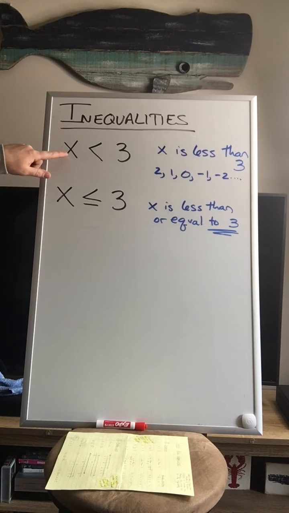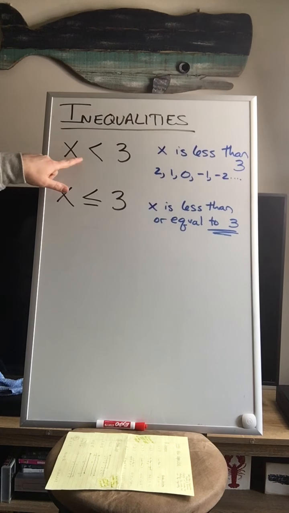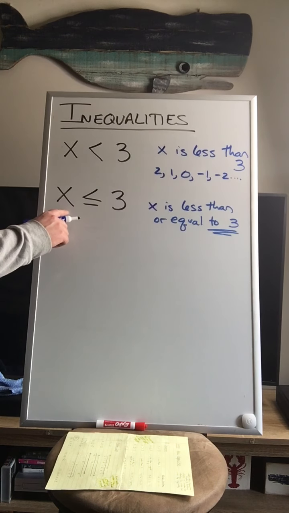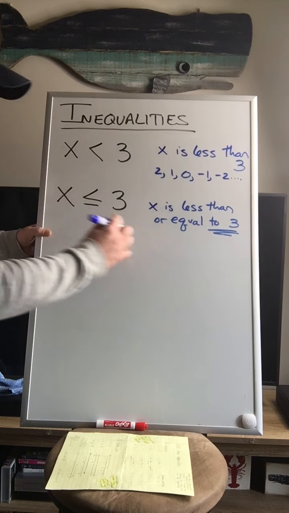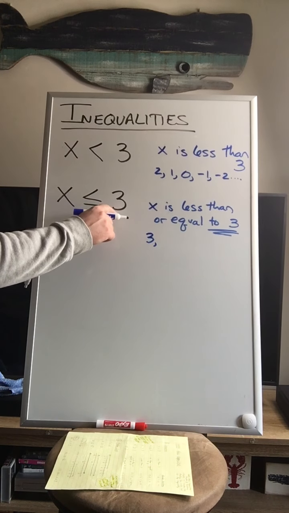So here, you could not plug 3 into the previous one as a solution because 3 is not less than 3. You could plug in 2. You could even plug in like 2.5 because that's less than 3, but you could not plug in 3. Here, you can plug in 3. 3 would be a solution to this because 3 is equal to 3.